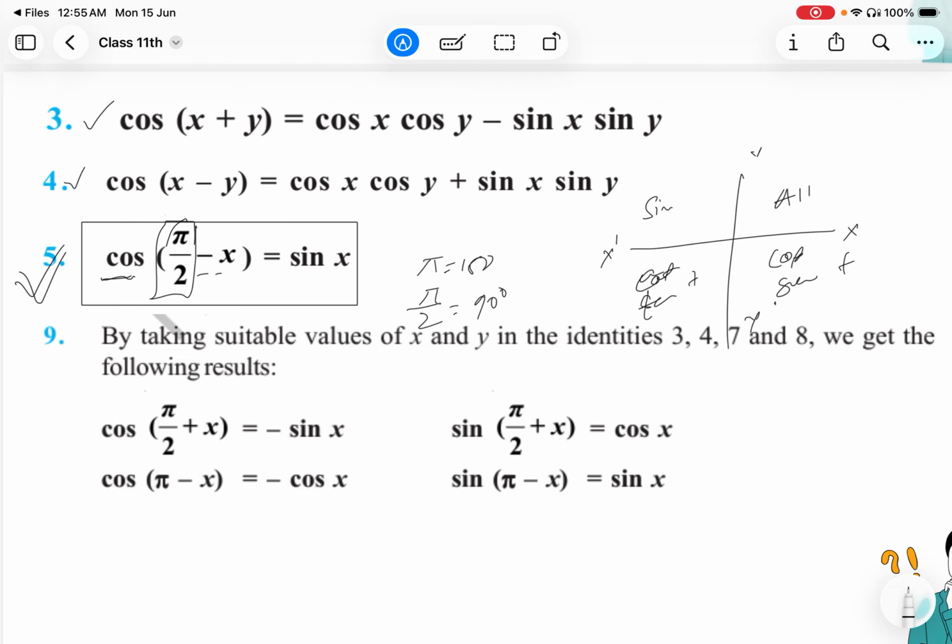So cos(pi/2 - x): this is pi/2, and pi/2 minus x means this angle will be here, with respect to y.